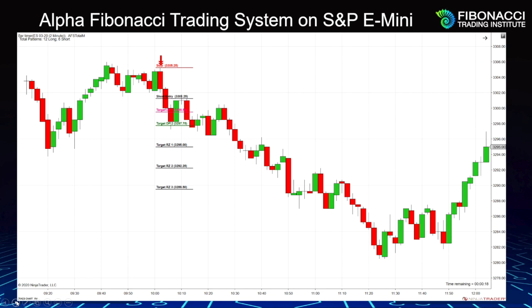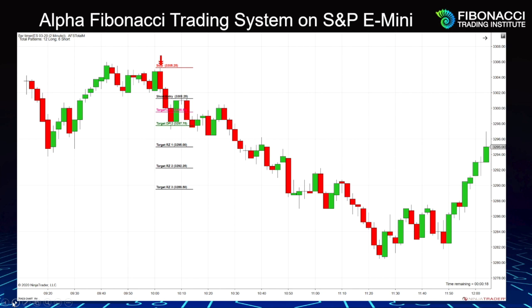So here's an example of the Alpha Fibonacci Trading System on S&P Mini Future. This system identifies precise stop, precise entry, precise targets. And when the system reaches a crucial target, price starts reversing sharply. There is no speculation here. When synchronicity is present and the system gives you an alert, take the trade with confidence.